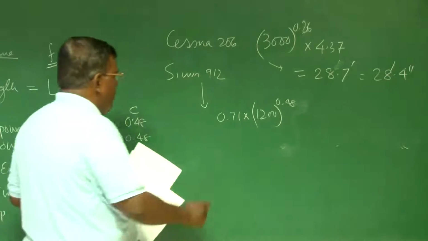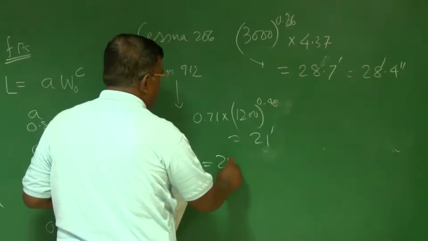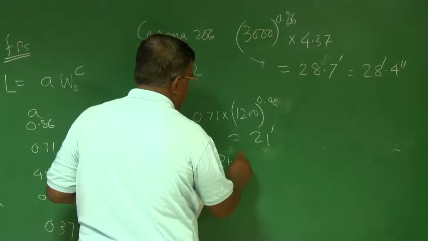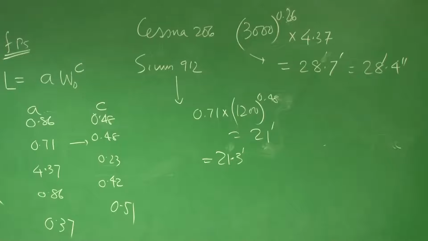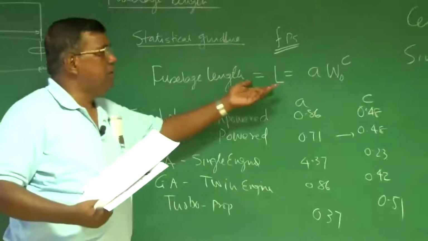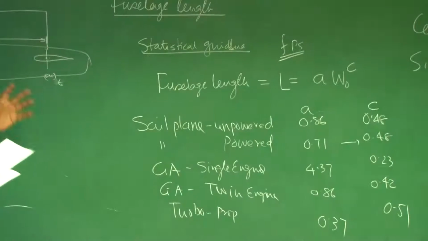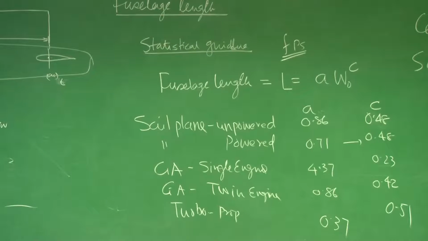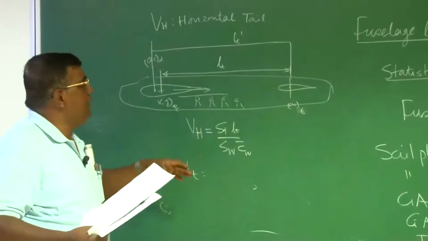And that was coming around 21 feet, and the actual measurement is 21.3 feet. So you see this correlation worked very well, and in Raymer's book, the author also claims this gives excellent correlation. The message is, you can easily use this relationship in FPS units and quickly get the fuselage length. Once you have the fuselage length, now where do I locate the horizontal tail, wing?